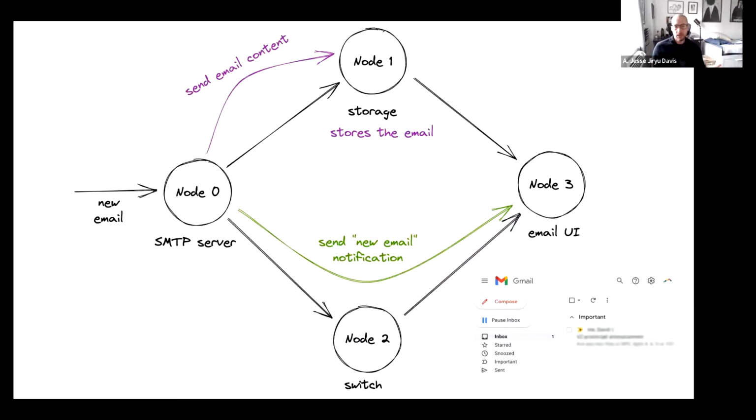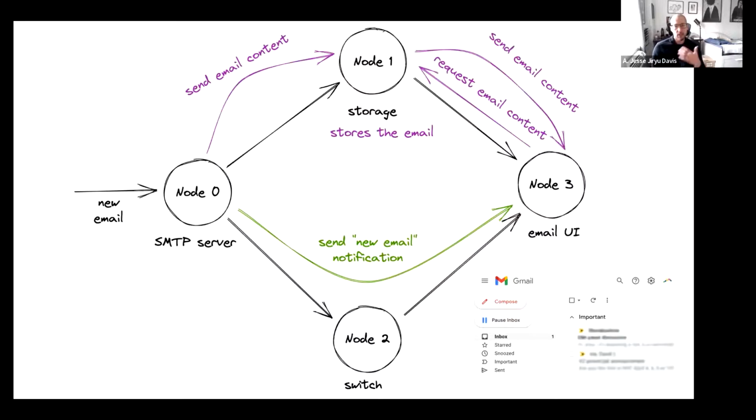When the email UI server gets this notification, that means it should request the contents of the email. And when it gets the contents of the email, then it can update the UI. So that's the scenario that we're going to work through.